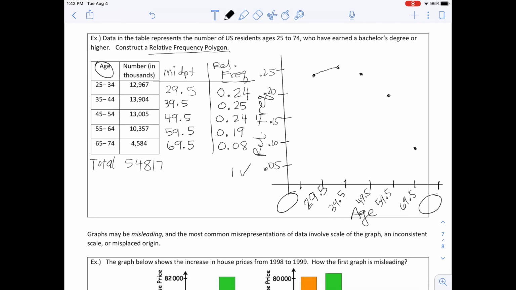And again, with polygons, we connect those points using straight lines. And from these last points that we have, we're going to put our points on the horizontal and connect those with straight lines.